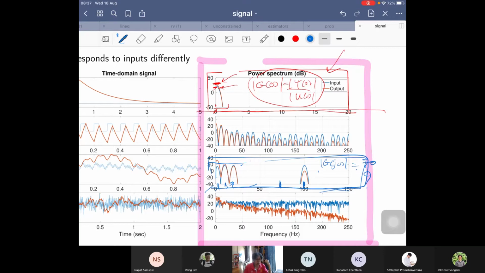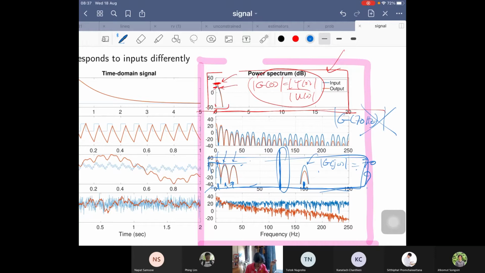Because the response of Y will contain only the frequencies that correspond to the ones from the input, you can't say anything about the gain of the system or the phase of the system, in this example at 70 hertz, because you don't have that information.